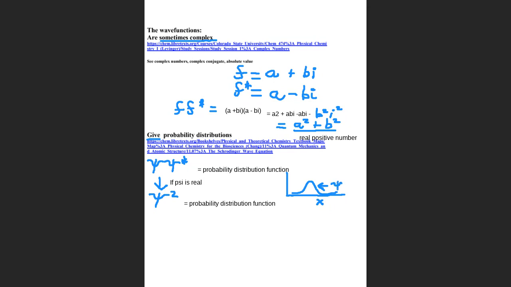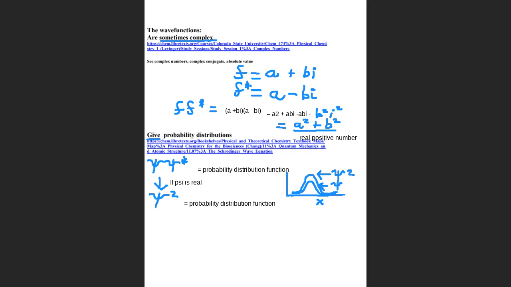Well, then as you imagine, psi squared has to look something like this.